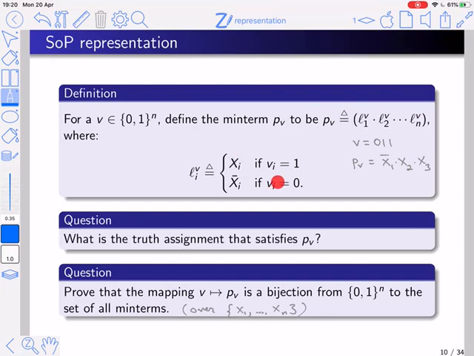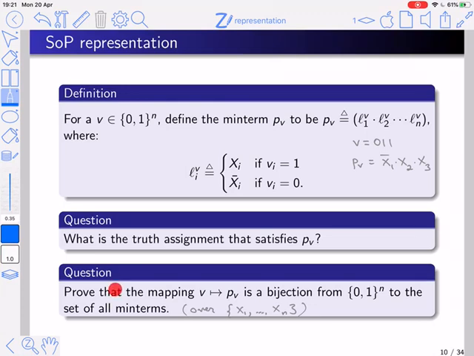And if Vi is 0, then in order to satisfy the negation of xi, you need the truth value of xi to be 0. So what we see is that the truth assignment that satisfies P of V is the truth assignment which is induced by V. And we call that truth assignment in the chapter on propositional logic tau sub V.